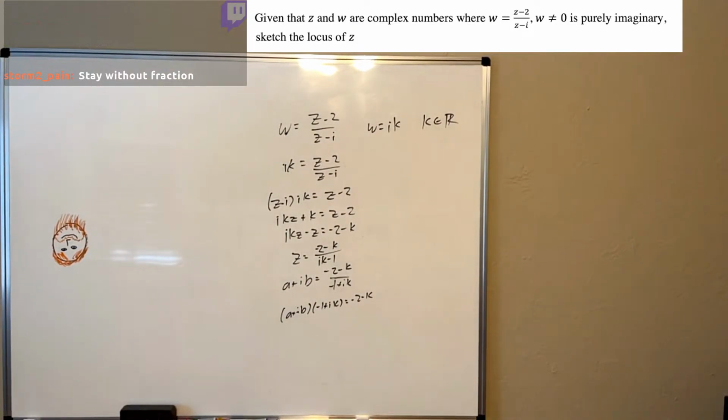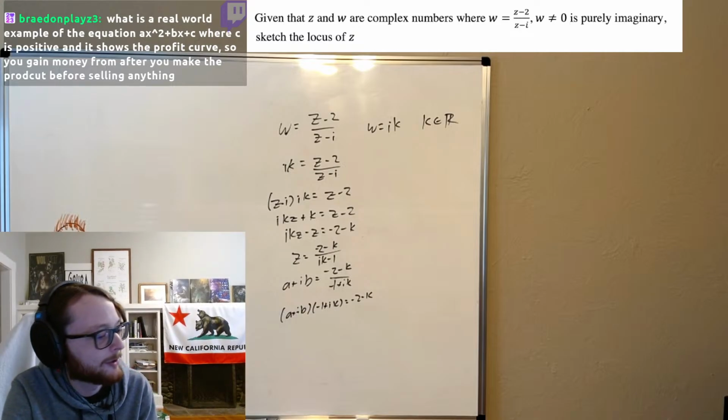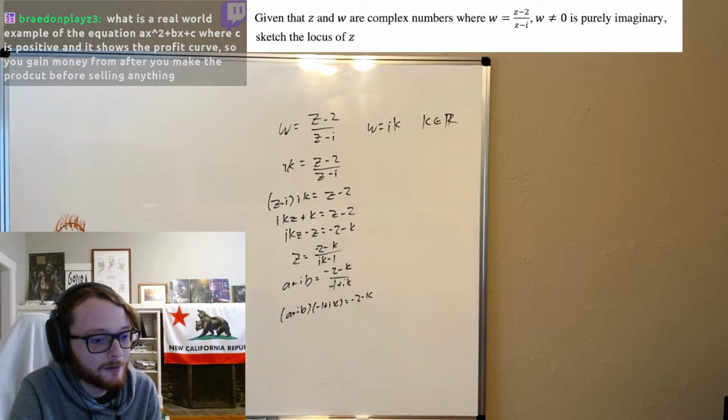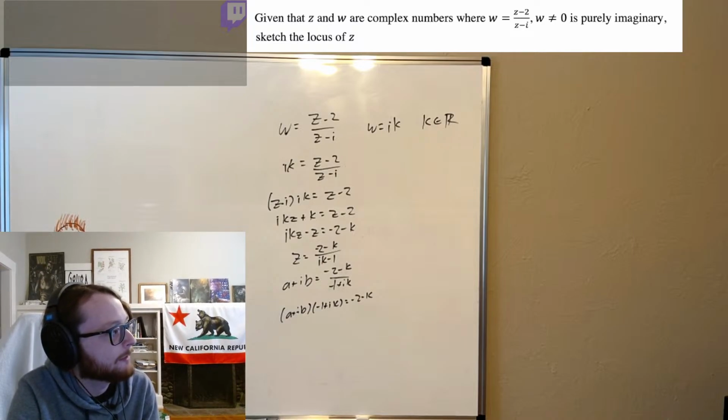Stay without fraction? Am I okay with what I have here? I mean, we could erase the step before that too and get rid of the fraction entirely, but with this, I'm kind of lost. You guys are gonna have to help me out here, I guess. Do I need to erase more of what I've done, Storm, or is what I have at the end there okay? Even if it's not how exactly you would do it.